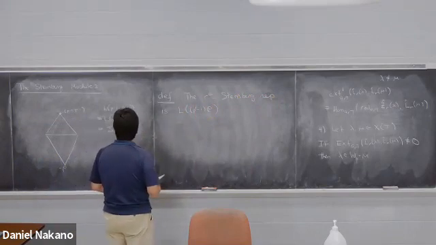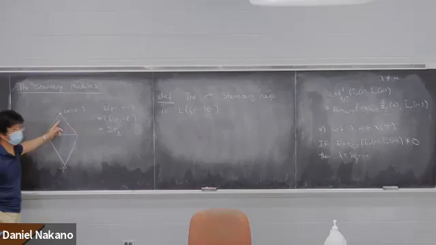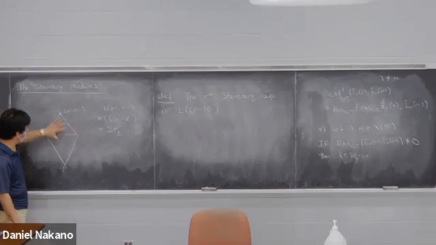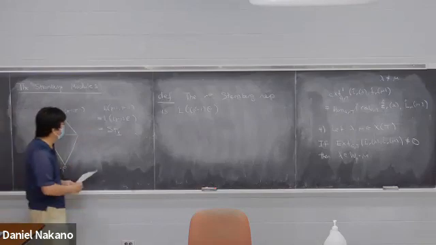Now if you look at this one over here, what are the composition factors of this? They have to be strongly linked. But there's nothing dominant which is strongly linked to this except itself. So this shows that it's irreducible.